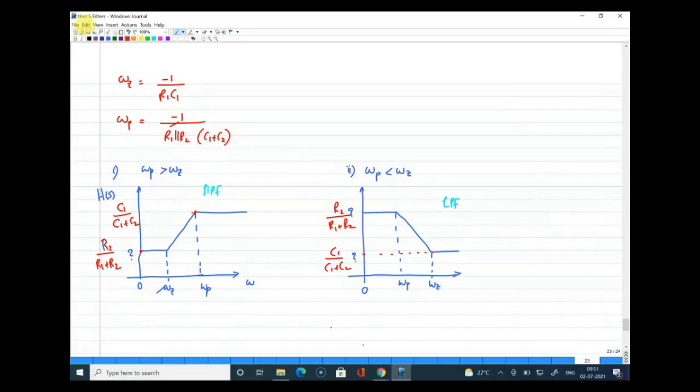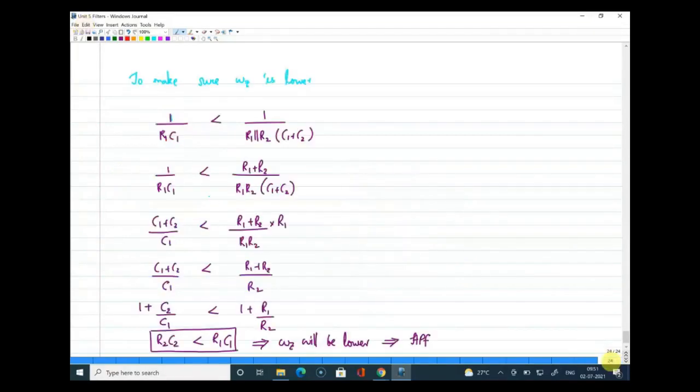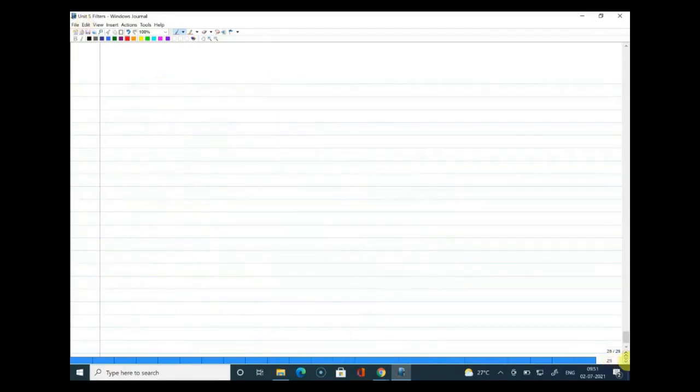All right. So I think I can give a question right away here. You can design this filter. The question is this. Design the circuit for a high pass response.